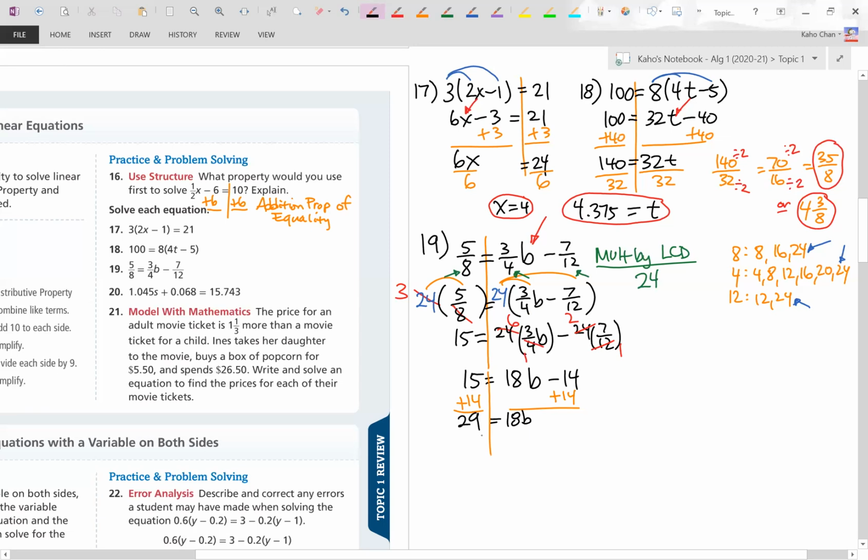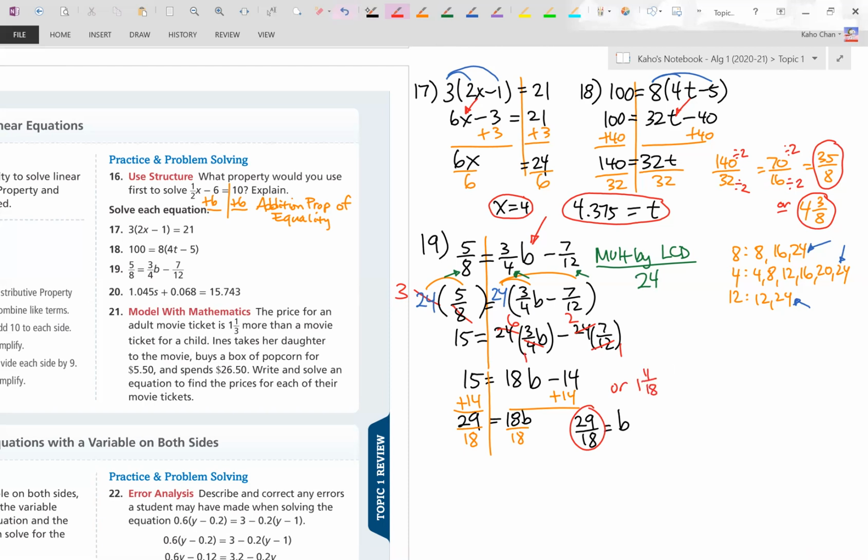And unfortunately, when I divide by 18, it won't reduce. I am left with an answer of 29/18, which is not a nice decimal at all. Leave it as an improper fraction, that's fine. If you gave me an answer of 1 and 11/18, I guess I have to take that one as well, okay? So either one of those are fine.